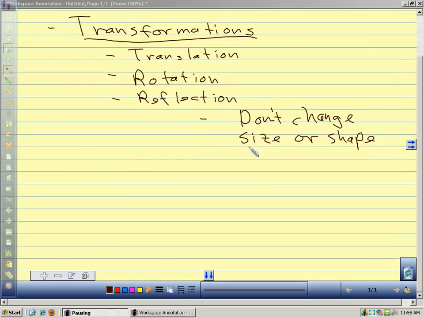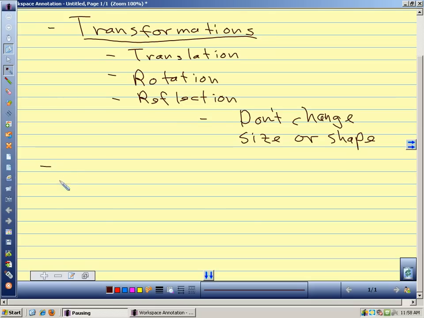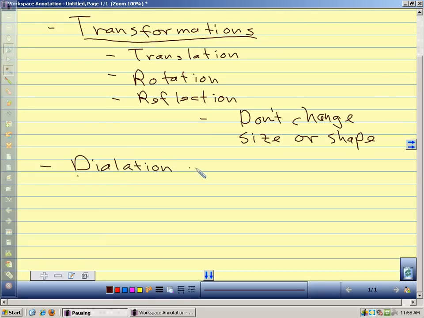We're going to talk about, in this chapter, a type of transformation that changes the size. And that's our dilation. Changes the size, but not the shape. Same idea.